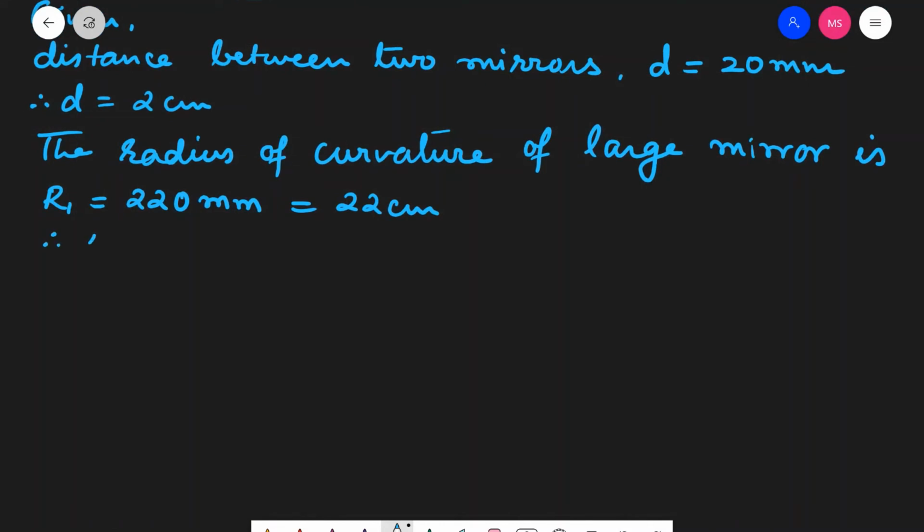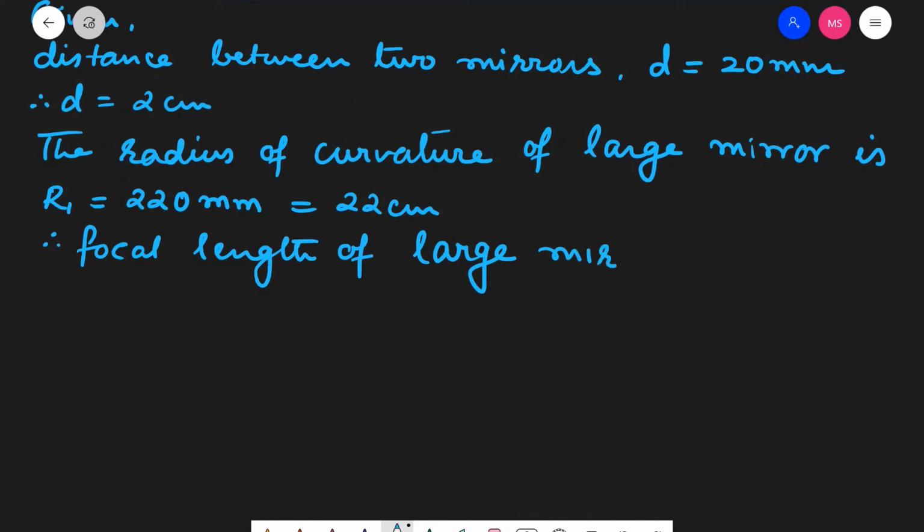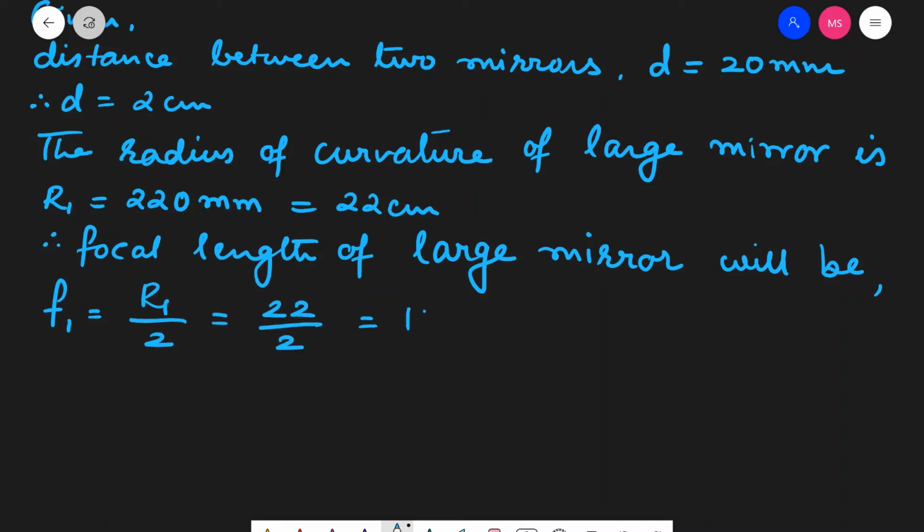Therefore, focal length of large mirror will be f1 equal to r1 by 2, that is 22 by 2 is 11 centimeter.